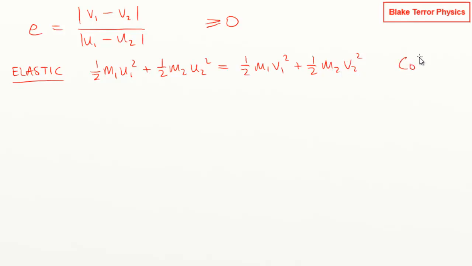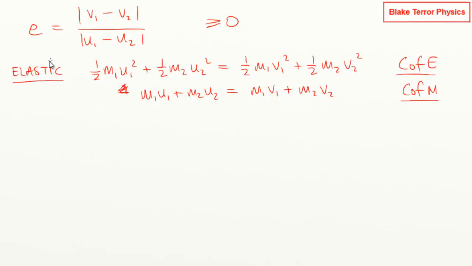That's our conservation of energy. We can also do conservation of momentum, which is giving us m1 u1 plus m2 u2 is m1 v1 plus m2 v2. So we've got both of those equations set up.